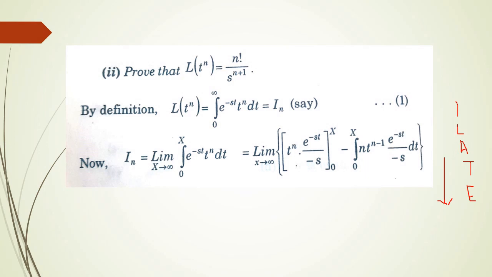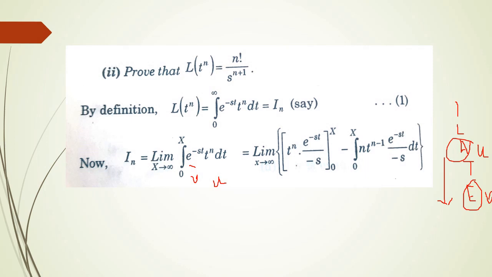So e to the power of minus st is the exponential function, and t to the power of n is the algebraic function. The upper part will be u and the lower will be v, because from up to down integrating tendency increases. Here the exponential function will be v and the algebraic function will be u.